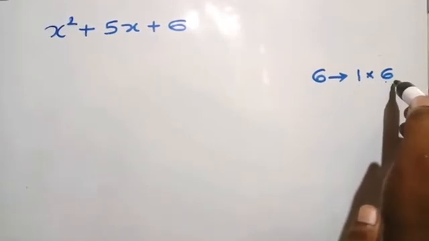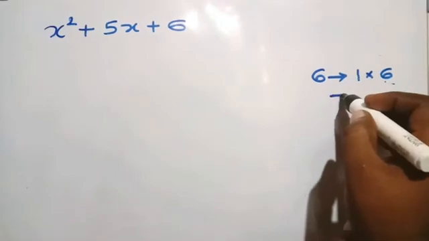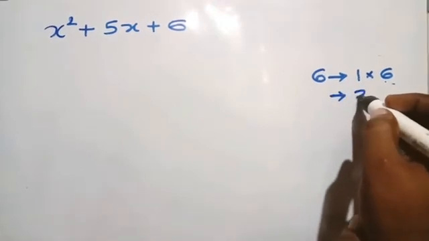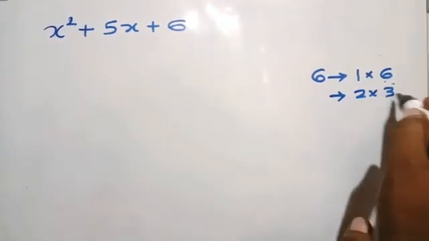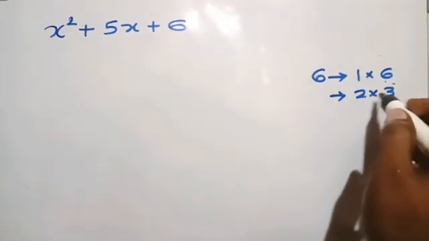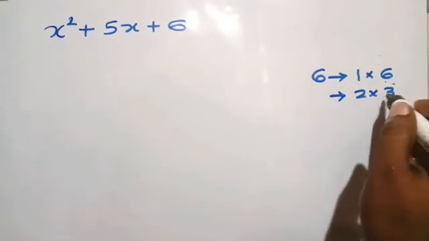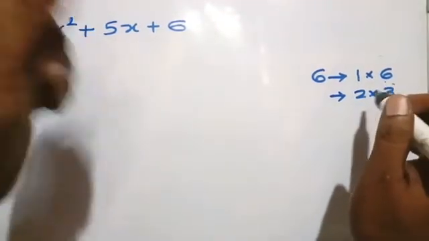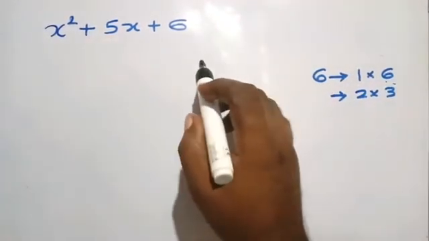No, we get 7 now. Okay. The next two factors. 2 into 3. 2 into 3 is 6. Add these two numbers. 2 plus 3. We get 5 now. Yes. So which are the two numbers now?